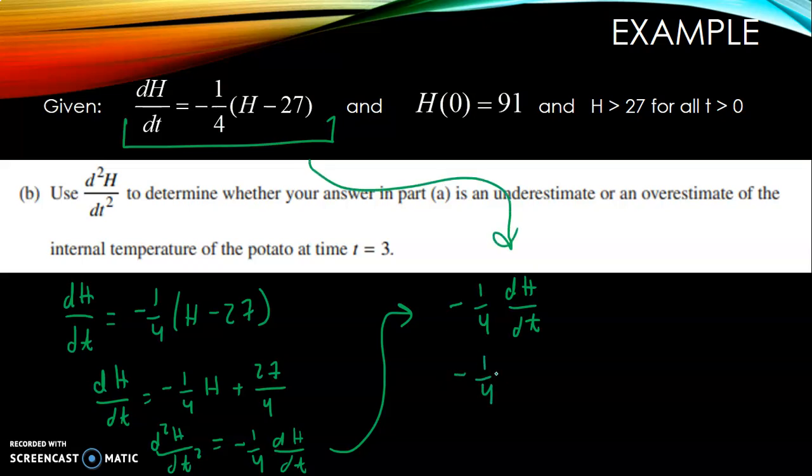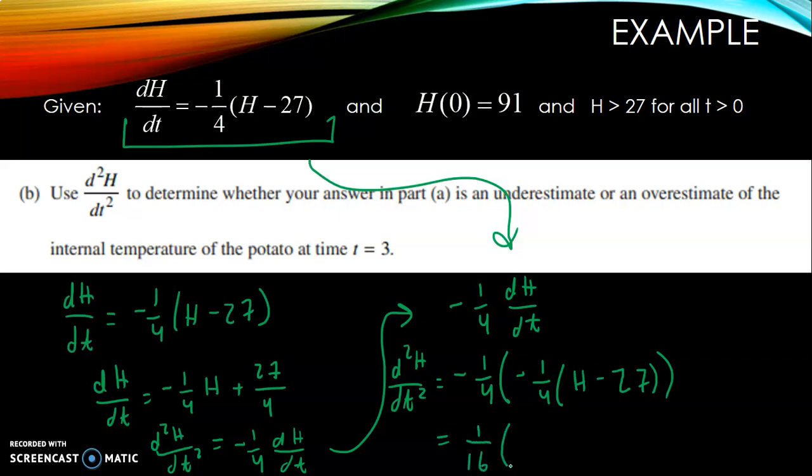So I've got negative 1/4 times negative 1/4 times h minus 27. So this one, the negative 1/4 times h minus 27, was my dh/dt. And then I have another negative 1/4 out front. And again, this is what the second derivative of h is equal to. So I can multiply negative 1/4 times negative 1/4, which is positive 1/16 times h minus 27.